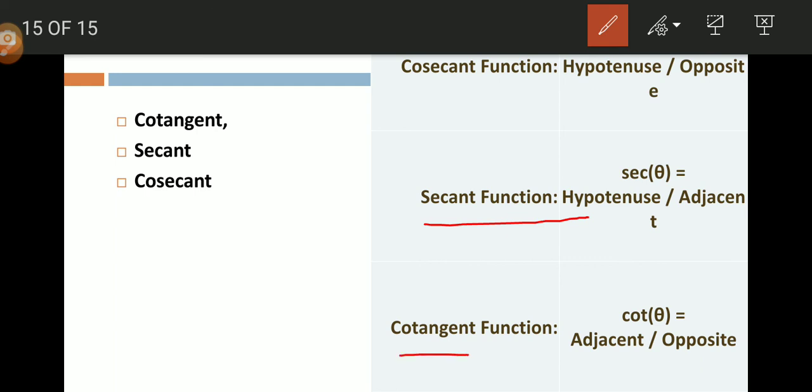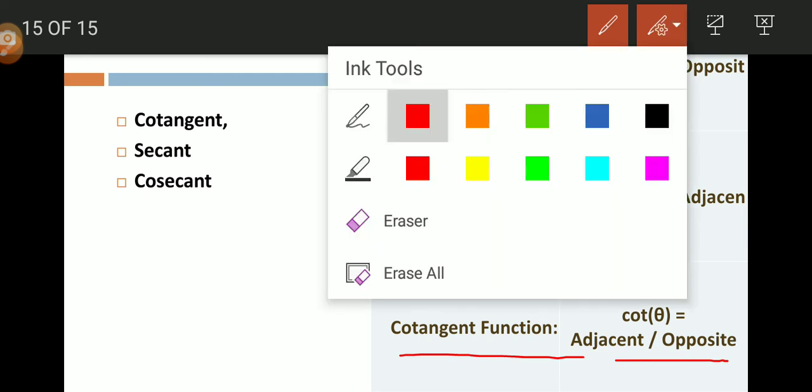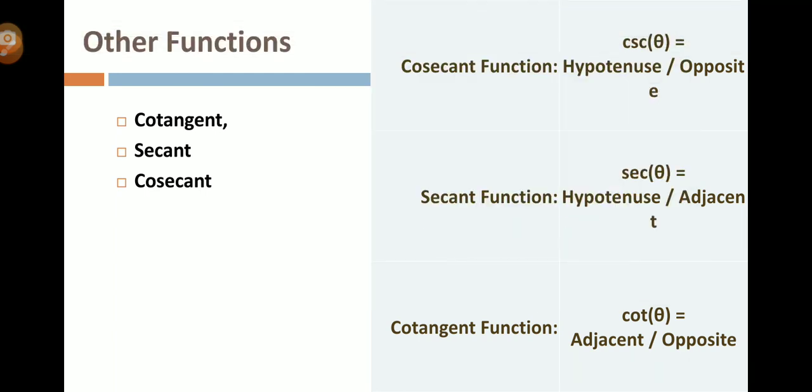Next is the cotangent function. It is the reciprocal of tangent. Tangent is opposite by adjacent, and here it is adjacent by opposite. We can call it the cot function.